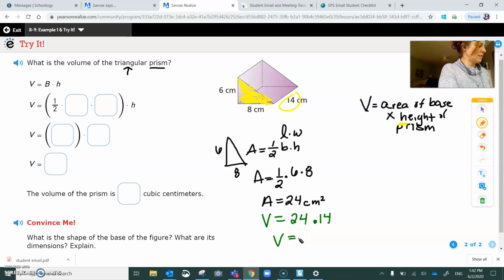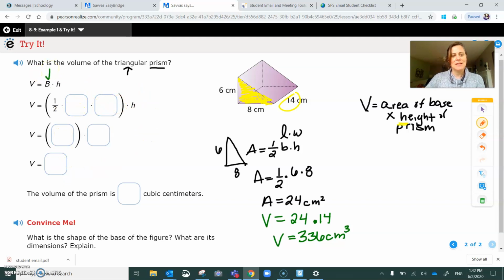And 24 times 14 is 336. So the volume is 336 centimeters, and because it's volume, those centimeters look like cubes, right? Three-dimensional. If you put all of this together, that's what this looks like over here.